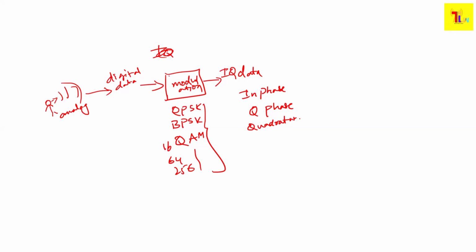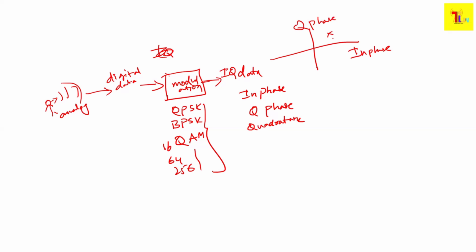So what does this mean? What is in phase and what is quadrature phase? Whatever the output of this modulation is basically defined in symbols, in phase and quadrature phase.